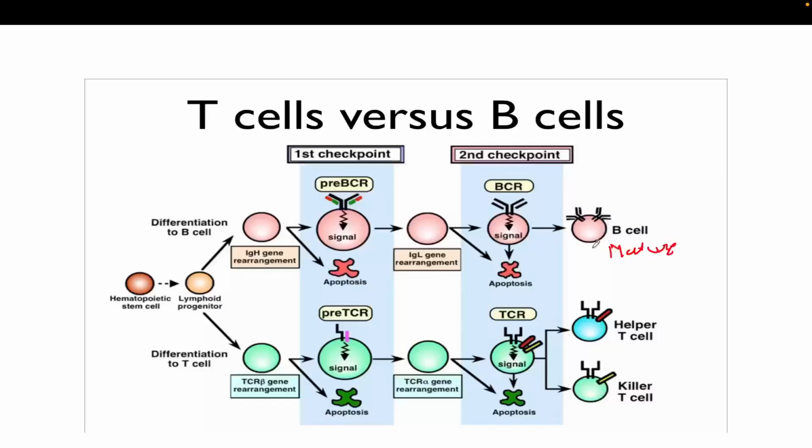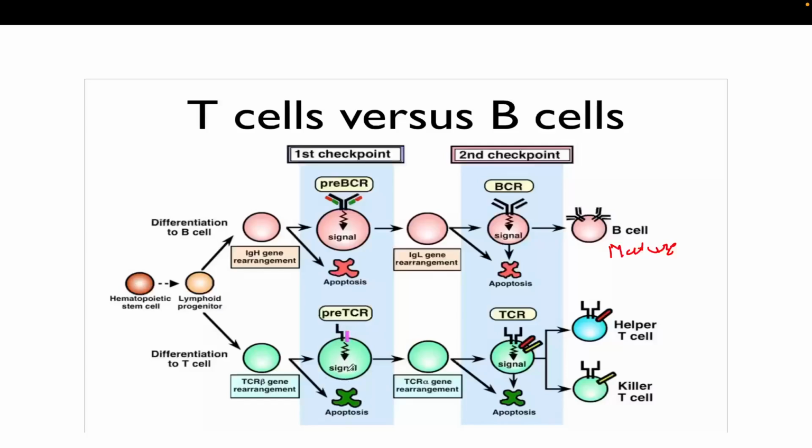And this is the differentiation to T cell. Firstly the beta chain gene rearrangement will take place, like in the case of immunoglobulin, where IgM heavy chain rearrangement takes place first. Then in the pre-TCR there is the beta chain present, and CD3 is also present.